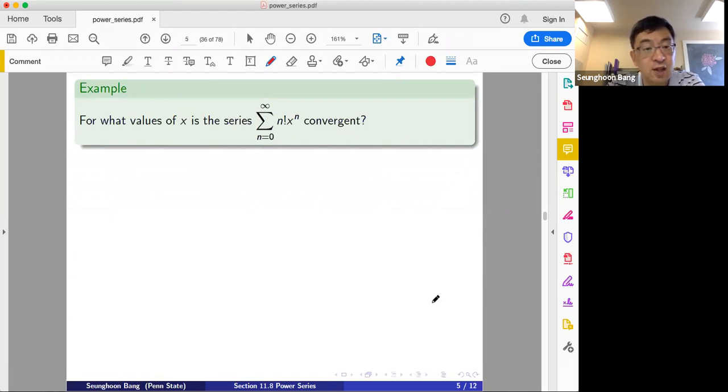We have 7 tests. So what do you think? Which test is good for this problem? Could you write your answer on the chat board? Which test do you want to use for solving this series problem? Do you have any idea?